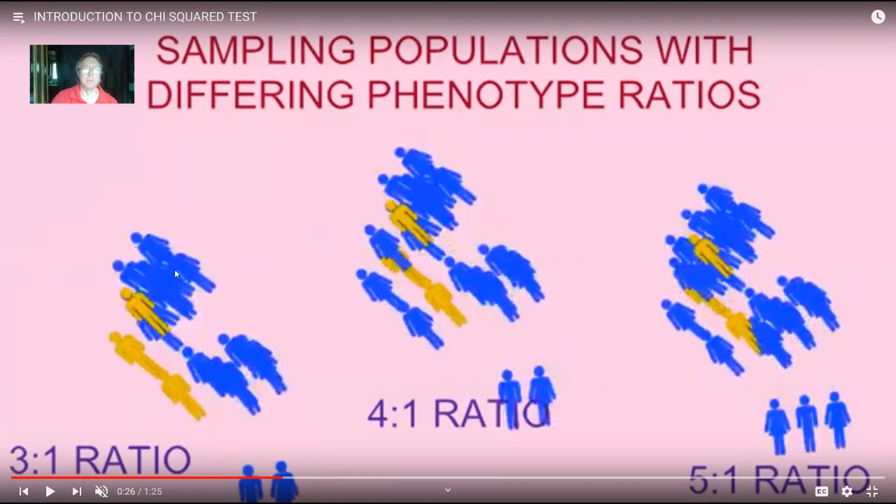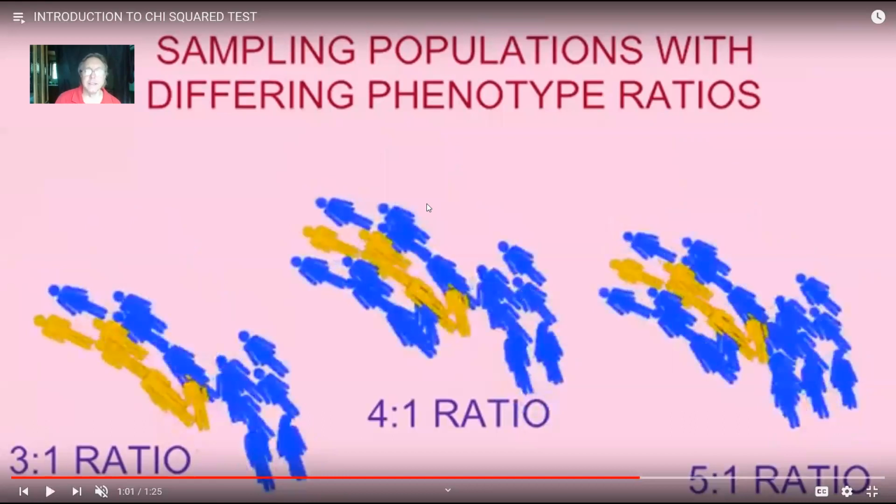Or by dumb luck, I might get a few more of the blue, a few fewer of the yellow. And so the problem then is, how do I distinguish between what I would expect for a 3 to 1 ratio and a 4 to 1 ratio or a 5 to 1 ratio? How do I show this?